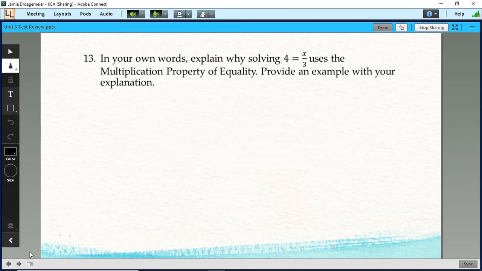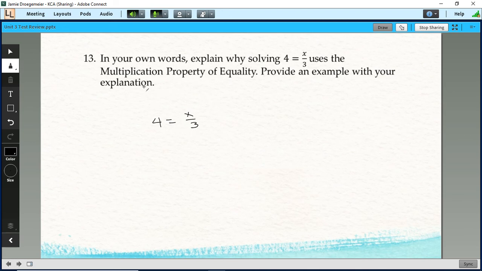All right, and number 13 says, in your own words, explain why solving this equation 4 equals x divided by 3 uses the multiplication property of equality. And then we want to provide an example with our answer. So we want to explain how we go about solving it. Right now we have 4 equals x divided by 3.